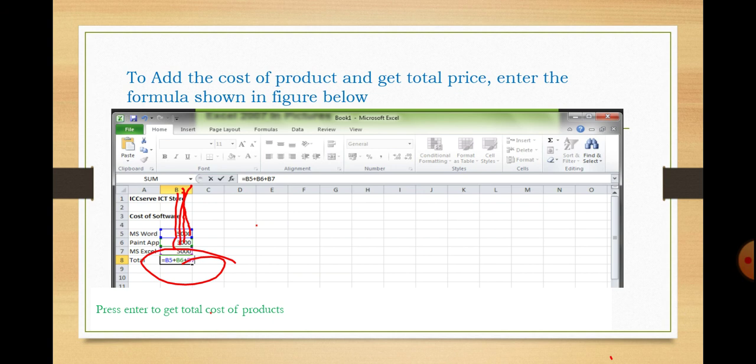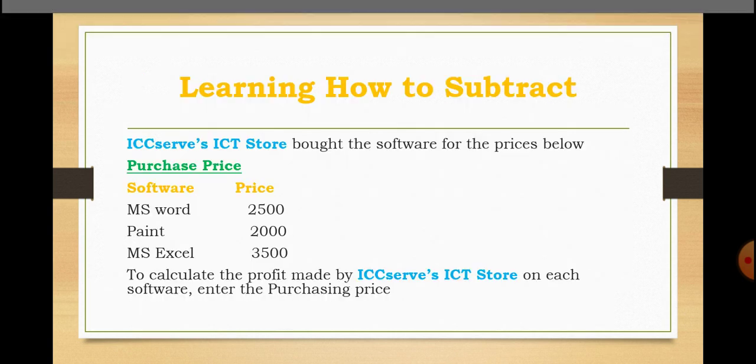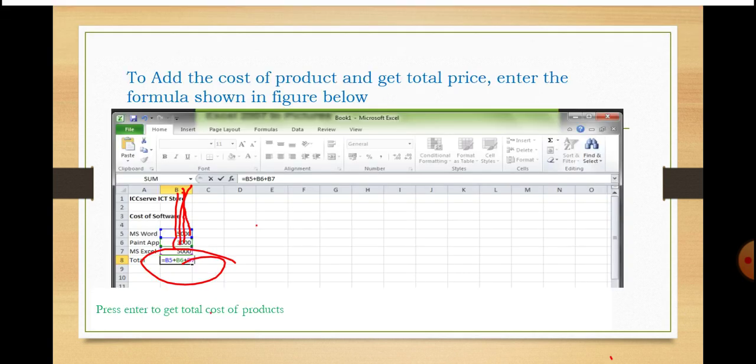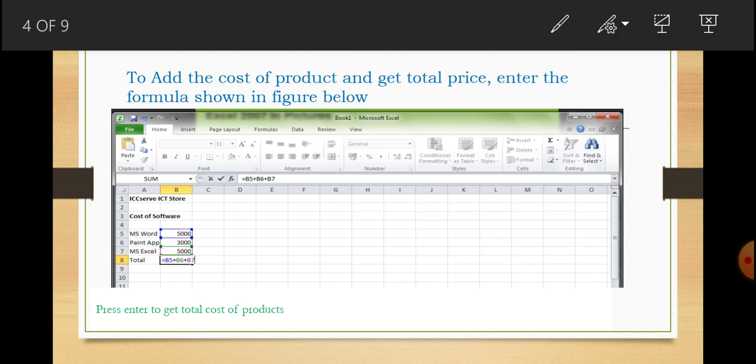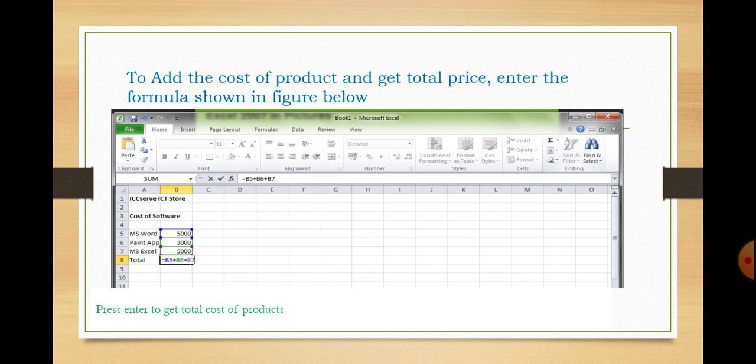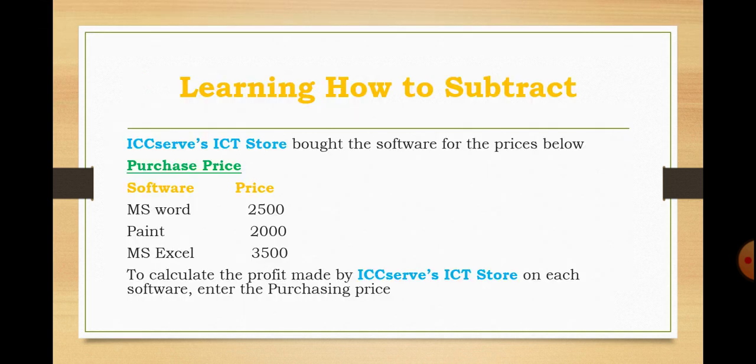By the time you are done typing that, just click Enter. And when you click Enter, you get the sum of the three values. So let's move to the next slide.